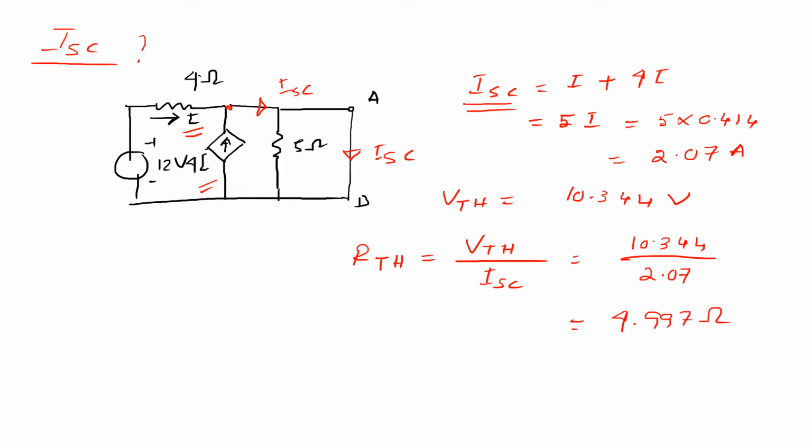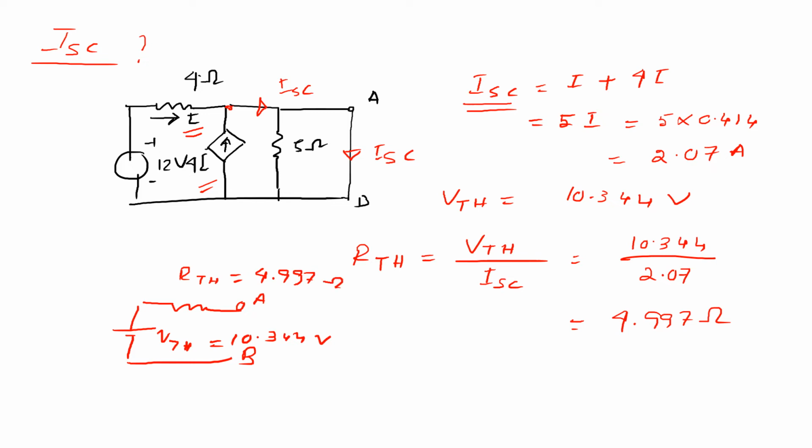So in that way we can convert to Thevenin's equivalent circuit across the terminal A and B. You can represent that as an equivalent circuit like this: V Thevenin is 10.344 volt and R Thevenin is equal to 4.997 ohm.